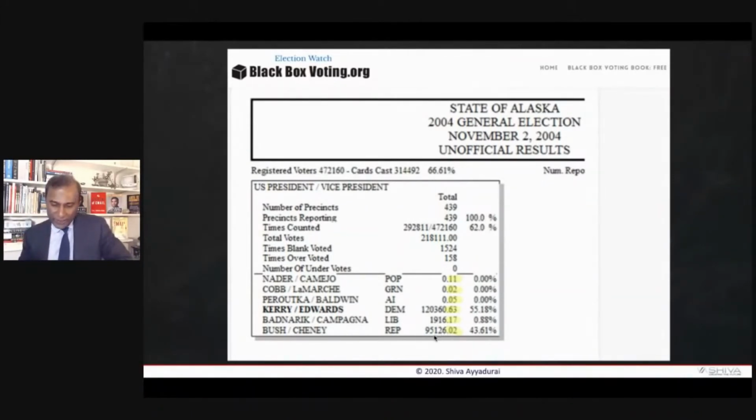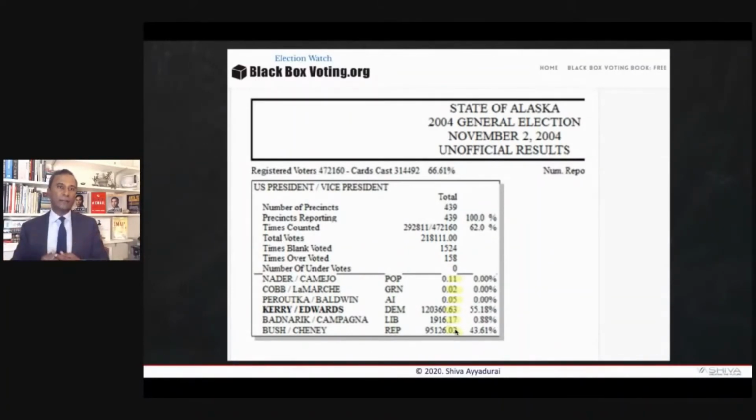And what did Cheney get? 95,126.02 votes. So that's why this is highlighted. The votes are not stored as integers.